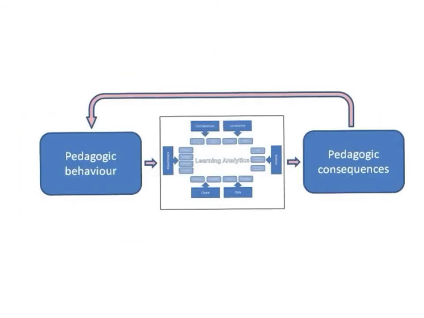The idea with this model is that you have some pedagogical behavior that's going on, and you apply learning analytics, and you have some pedagogical consequences that are fed into the pedagogical behavior, or amplify or adjust it, or have consequences for the pedagogical behavior. And then you have a loop where you can imagine that things are going better, just like in North Korea when you are looking at things.